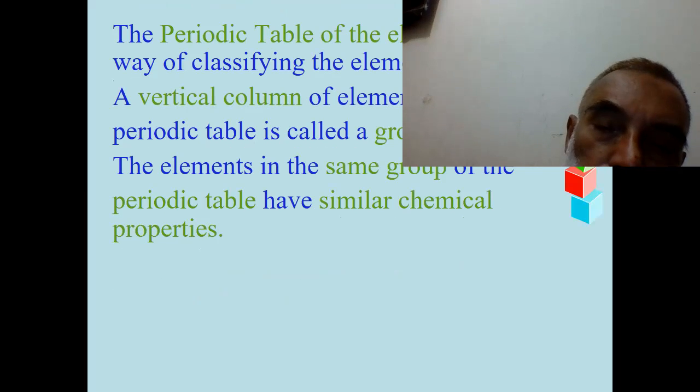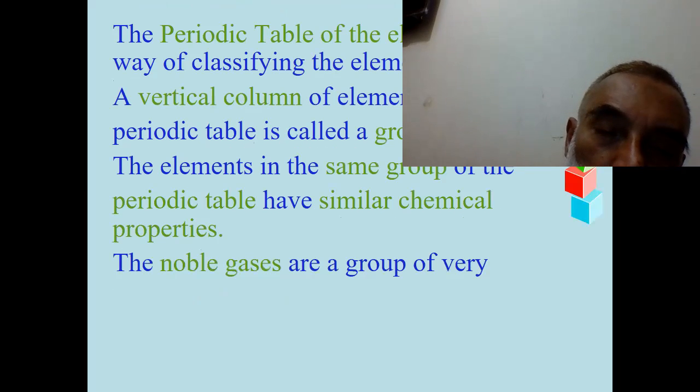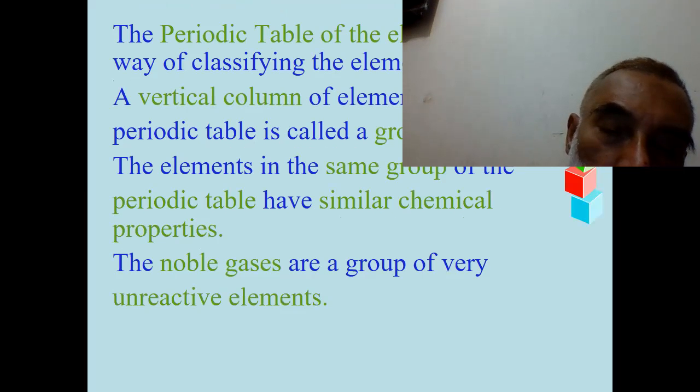Elements in the same group are placed in the same vertical line in the periodic table.